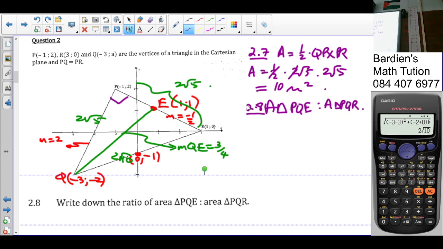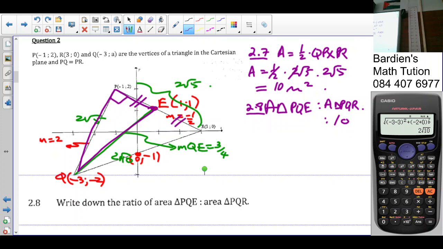So PQR is the big triangle there, which is 10 units squared. Okay, the area of triangle PQE, which is this triangle. As we know, this is the midpoint here.